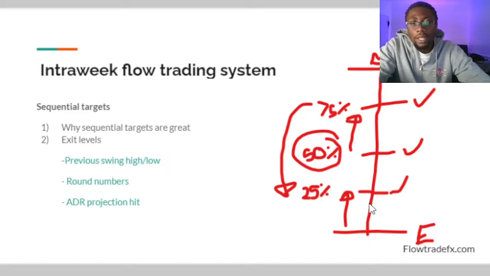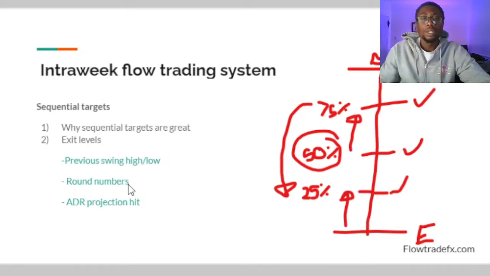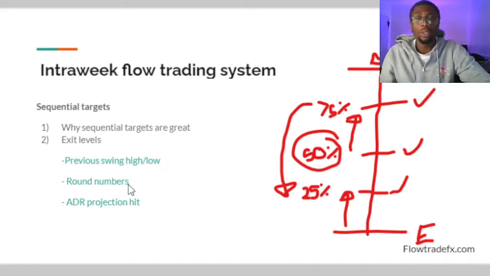That is exactly why we're going to be using sequential targets: to create the best possible scenario to always book everything we can on significant price moves off of these exit levels, and to make sure we're protecting, preserving and building our capital.